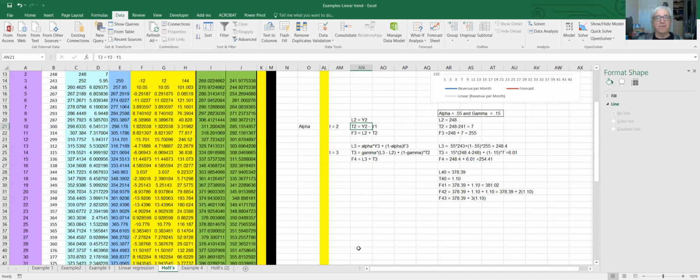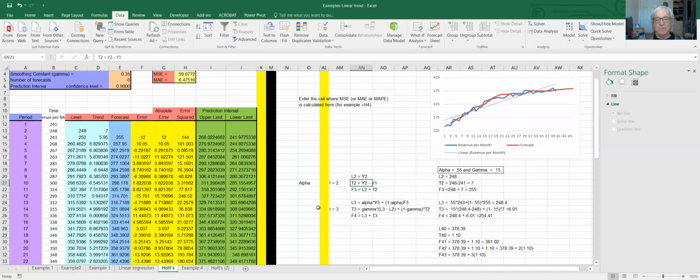Now, in period number 2, if you are at a level of, say, 100, and in period number 1 you were at a level of 80, the trend between 1 and 2 equals 20. Therefore, the trend of period 2 will be Y2 minus Y1. If you look at the numbers here, L2 equals Y2, which is 248.